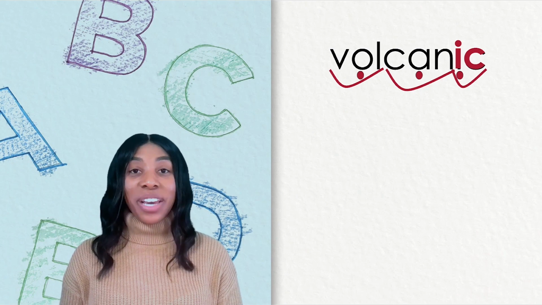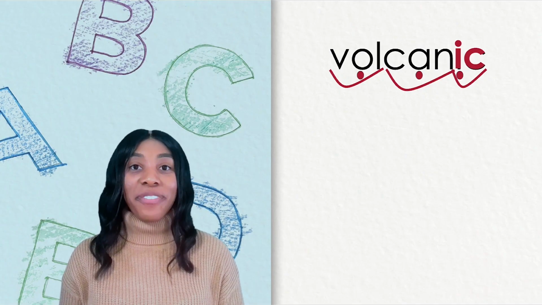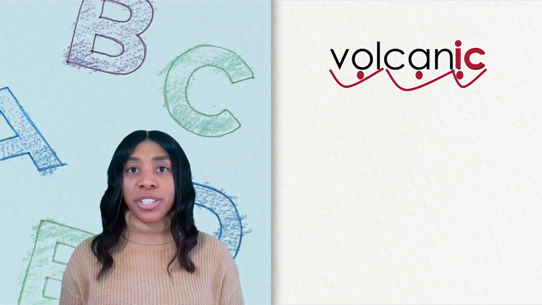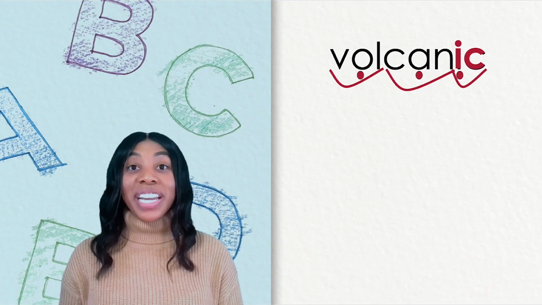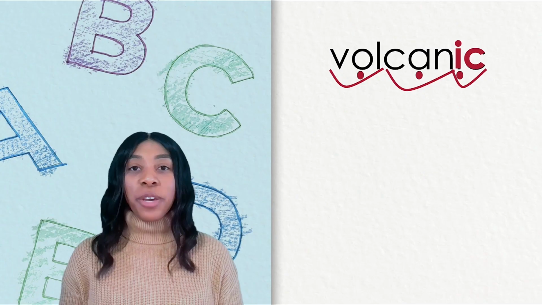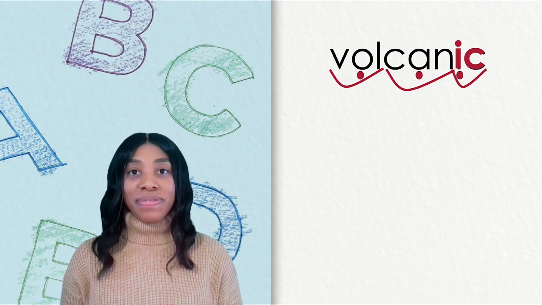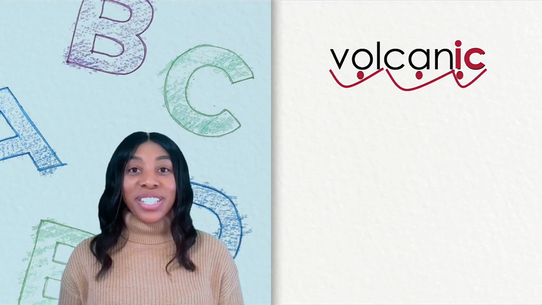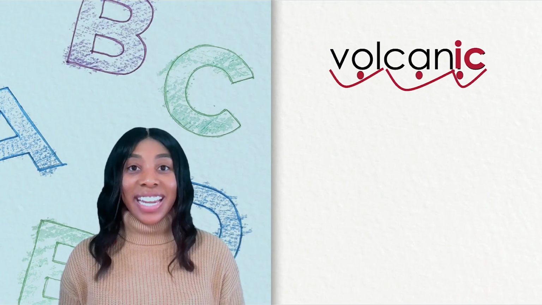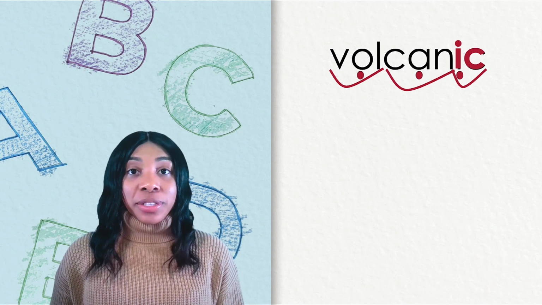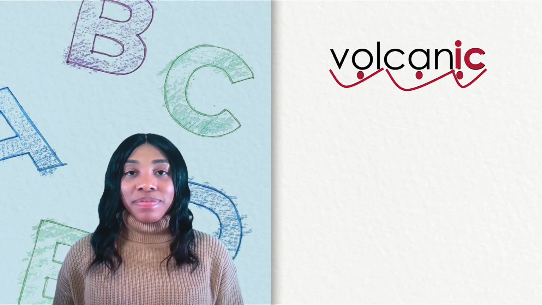As you can see, we have a consonant closing in the vowel. What vowel sound do you hear? We hear short I, which makes the I sound. How do you pronounce this last syllable? Ick. So our entire word is volcanic. Volcanic.